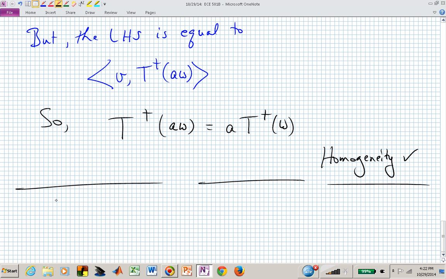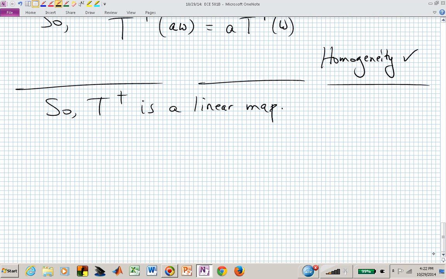Which now says that the adjoint is a linear map. It satisfies those two properties, which is additivity and homogeneity.